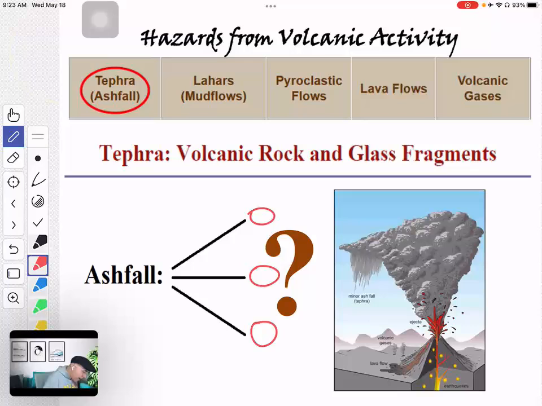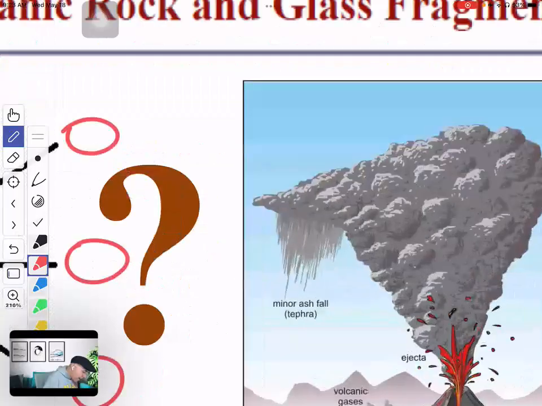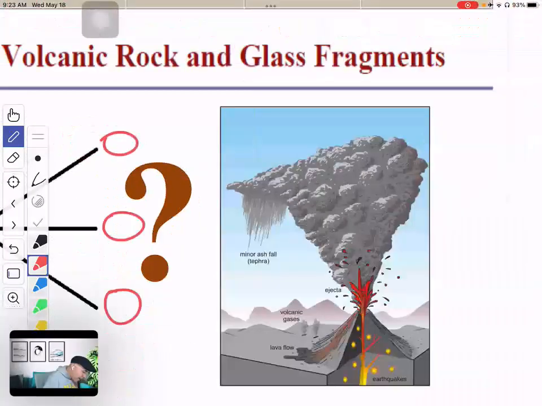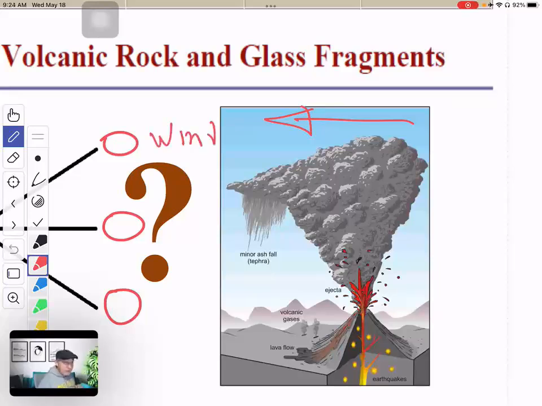So you might imagine that one of those is the wind, because it's going to depend on how the wind is blowing, and it seems like in this case the wind is blowing that way. So the wind direction is going to be an important factor. You also need to know, when there is an eruption, usually what is the extent, the distance that the ash can travel downwind?